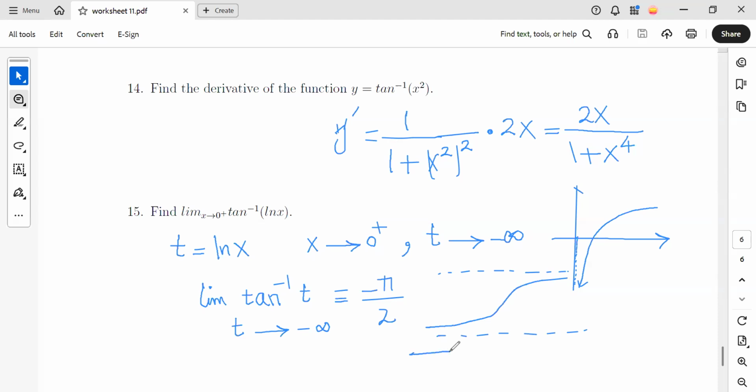When t is approaching negative infinity, the graph is going to be close to this line, which is negative pi over 2. Okay, that's it for the worksheet.